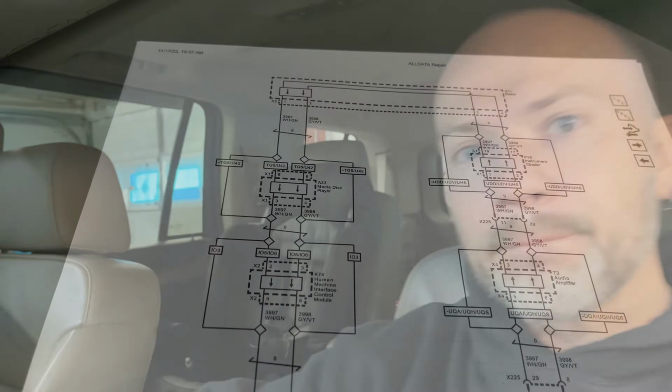So we will pull up a diagram and see what our node number 2 is, and see if that's something we can easily get to and check. With the MOST bus, it's really easy to unplug a module and bypass the ring and see if it continues and gets everything else working. So let's get a wiring diagram and we'll go over that.